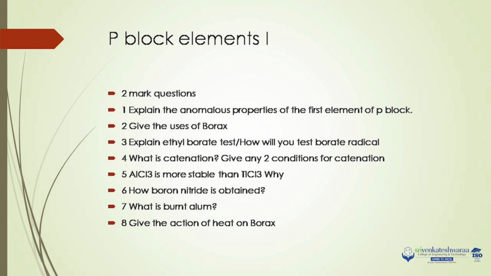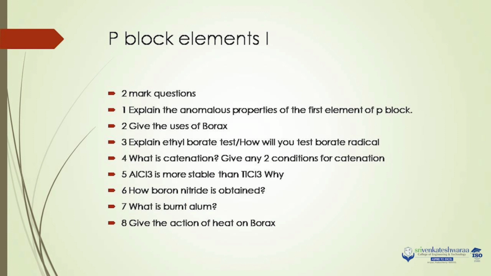When you come to the ethyl borate test, that is the test for borate radical. When any borate salt is heated with ethyl alcohol in the presence of sulfuric acid, triethyl borate is formed, which burns with a green-edged flame when shown to the Bunsen burner.